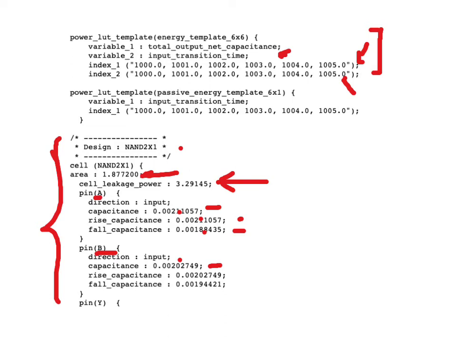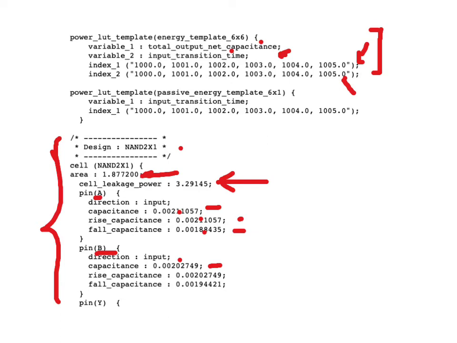In the rows, specific values of short circuit energy consumed will be specified as a function of total output net capacitance, and this output net capacitance is only the diffusion parasitic capacitance seen at the output of the gate. It will also depend on the input transition time, that is the speed at which a rise transition or fall transition happens in your particular design.